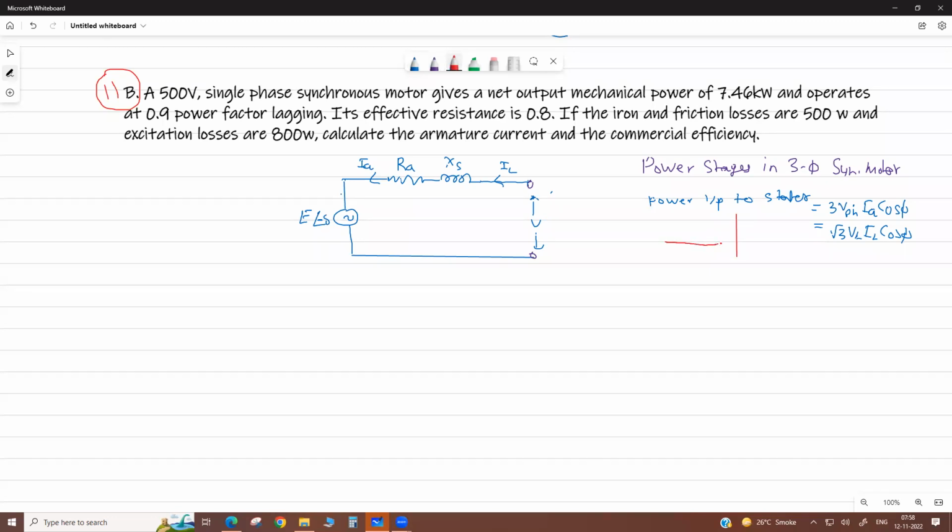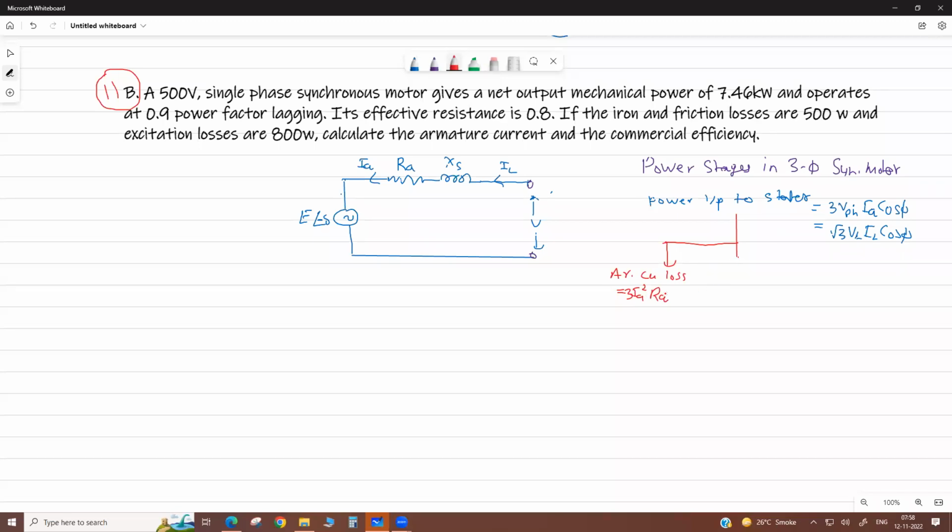Then from this stator input, what is the loss that first occurs? There is an armature copper loss in the armature winding, due to current. This loss is armature current squared into armature resistance, but 3 times for 3 phase.